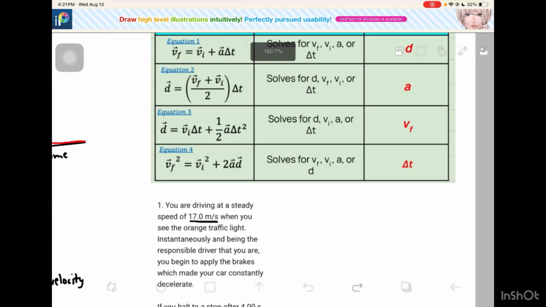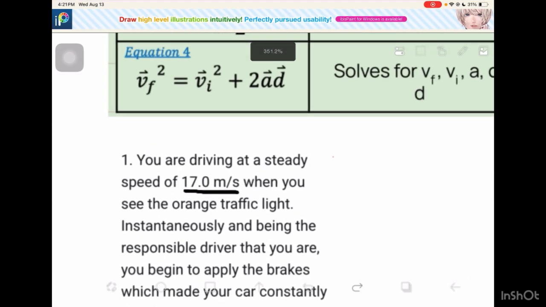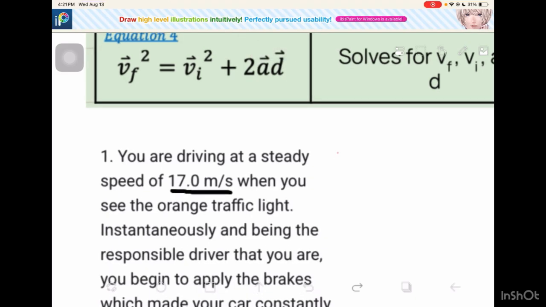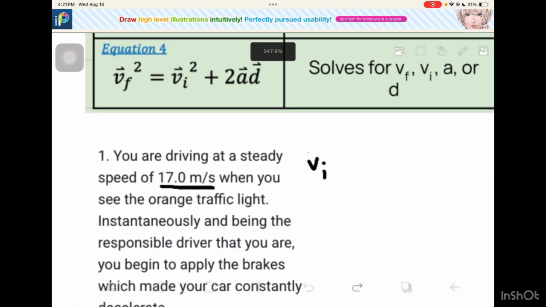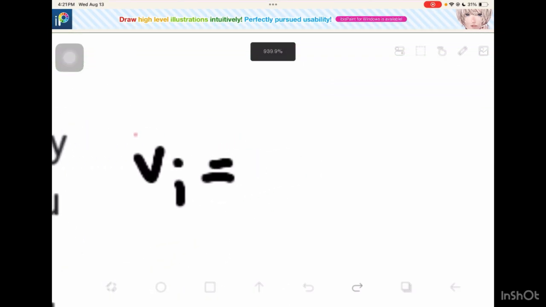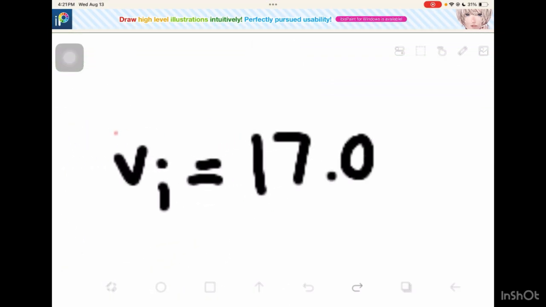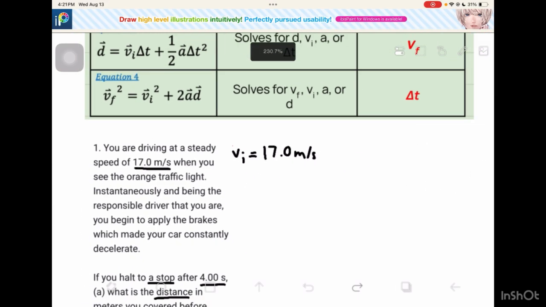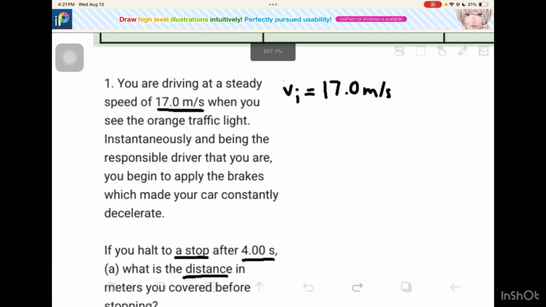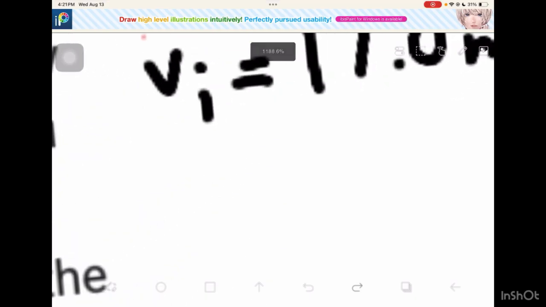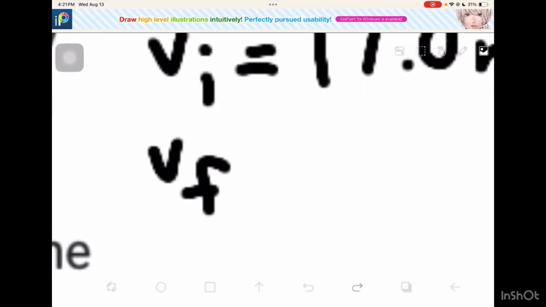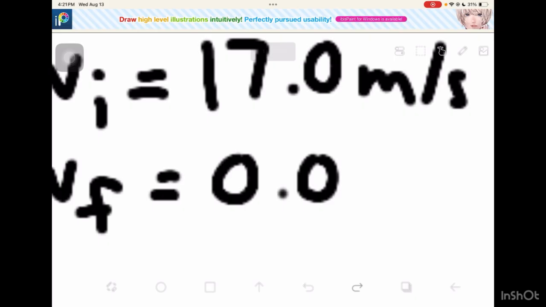So as you can see, we have a total of 5 variables we're playing with here. First and foremost, a steady speed of 17 meters per second indicates that this is your V sub I, as this is the start of the problem. So let's write that down. Next, we are also given that we halt to a stop. Stop meaning 0. So V sub F is equal to 0.0 meters per second.